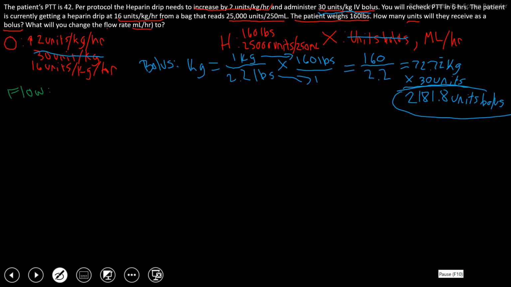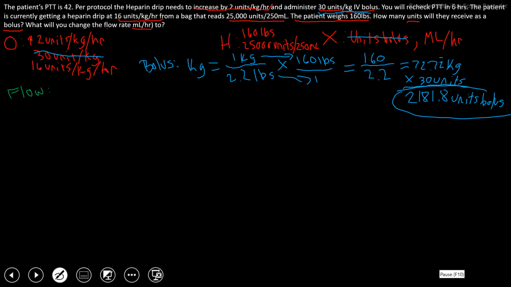Okay, now for the flow rate, I switched to green, again, so it's a little less confusing. So to start off, if you read the question, we have per protocol, the heparin drip needs to increase by 2 units per kg per hour to what the patient is currently getting. So we're going to go ahead and do that before we get into the rest of it.